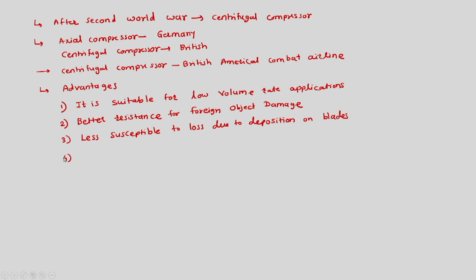The fourth advantage is that it has a stage pressure ratio of 4:1. This is a general rough stage pressure ratio with blades of aluminum alloy.